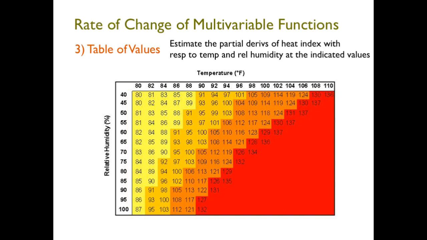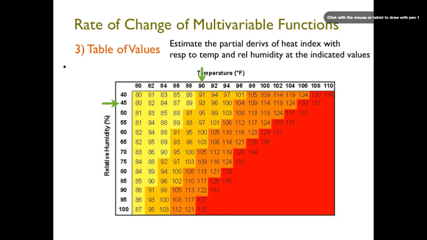So we want to estimate the partial derivatives of the heat index with respect to temperature and with respect to relative humidity at the indicated values. So here's the example we'll do. When temperature is 90 degrees Fahrenheit and relative humidity is 45%, what is the partial of heat index with respect to, let's do temperature first.